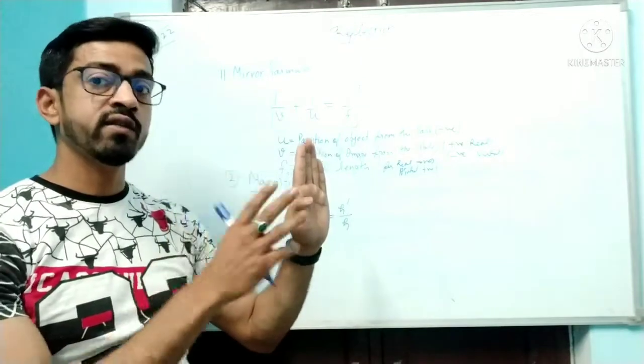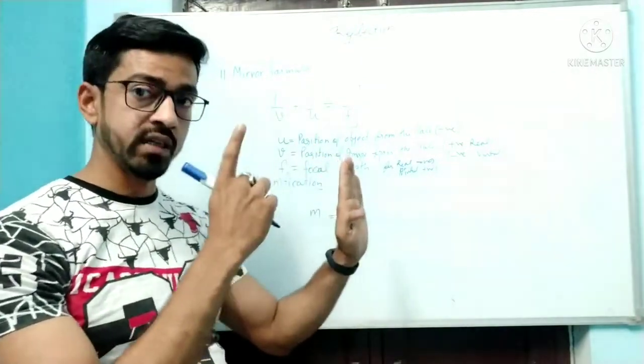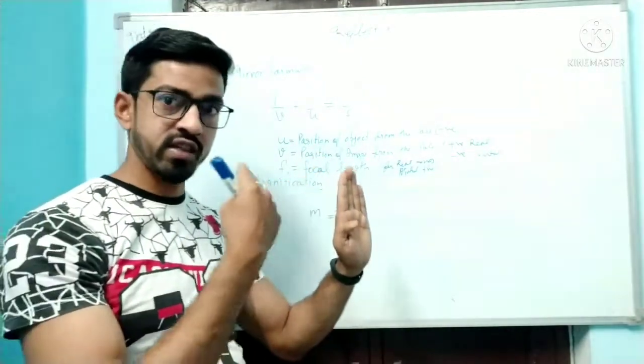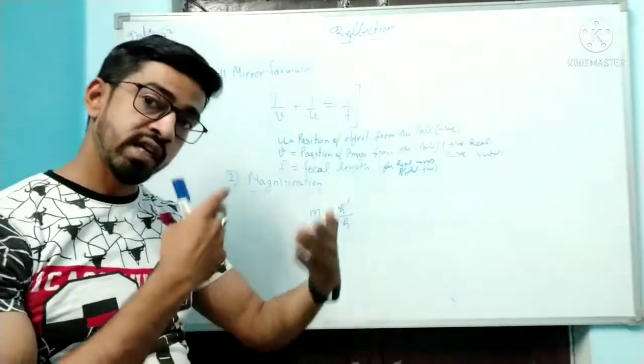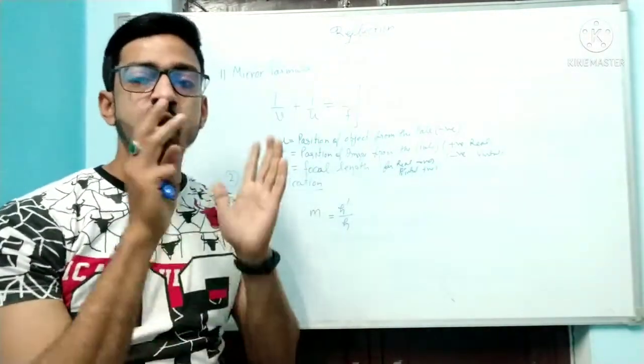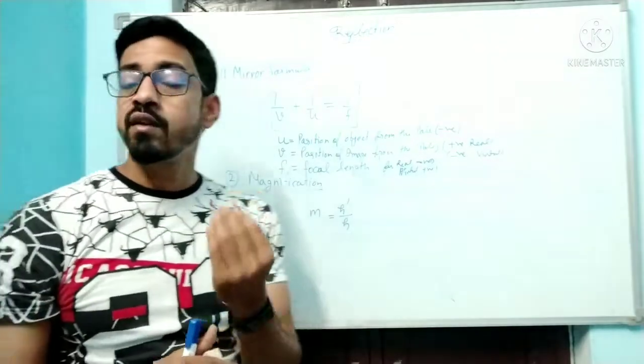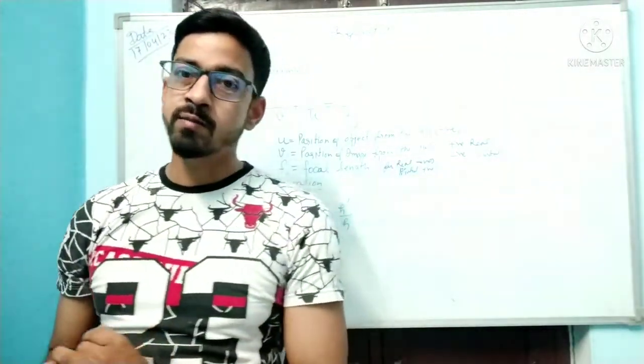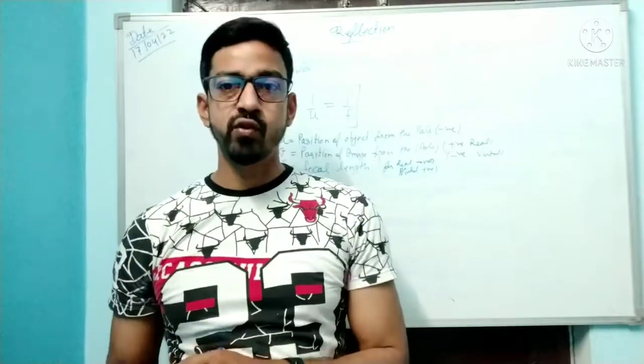Real is different and virtual is different there according to their definition, so the sign also changes. So lots of students, if they do not practice a lot, generally get confused in these topics.